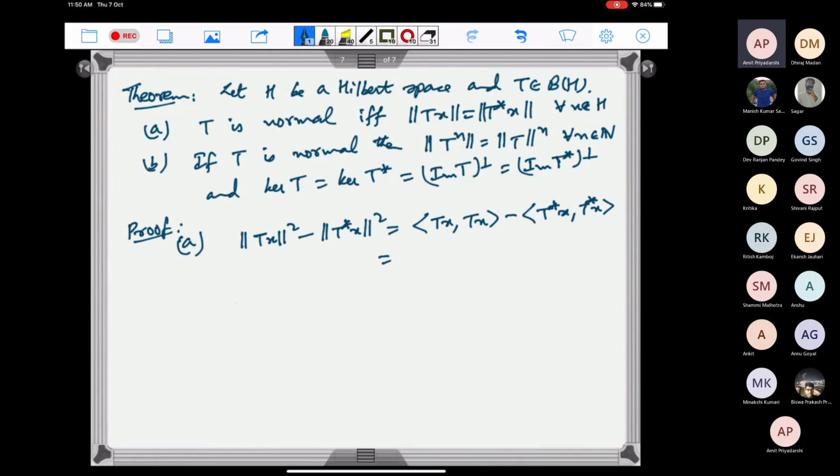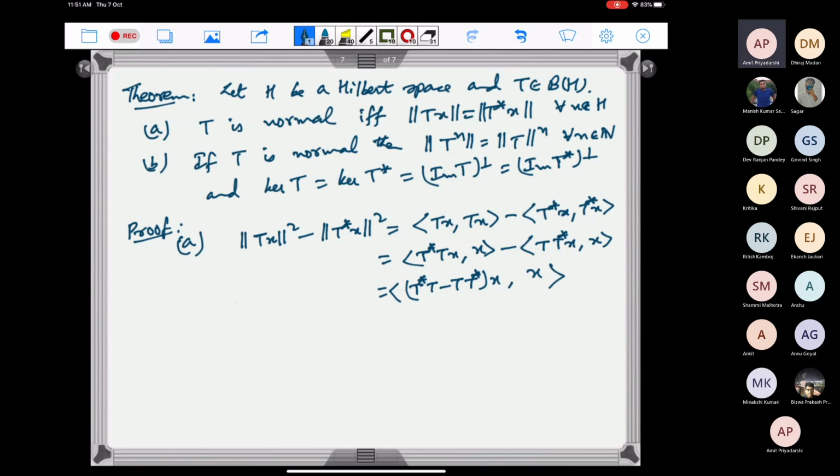And then this can be written as T star T x inner product with x minus T T star x inner product with x. So this is nothing but T star T minus T T star, x inner product with x.